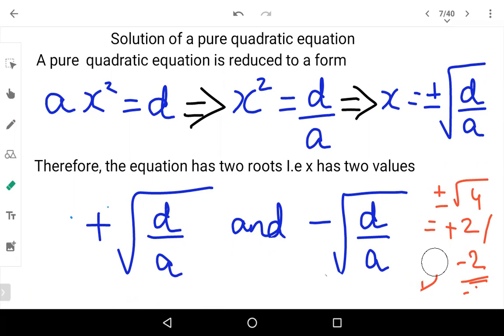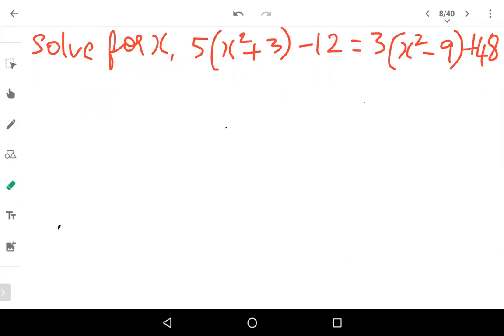In quadratic equations, we are going to have two roots, no matter which form you take. Okay, let us start with the problems. That is all the basics that you are supposed to understand. So we shall start with the problems directly.